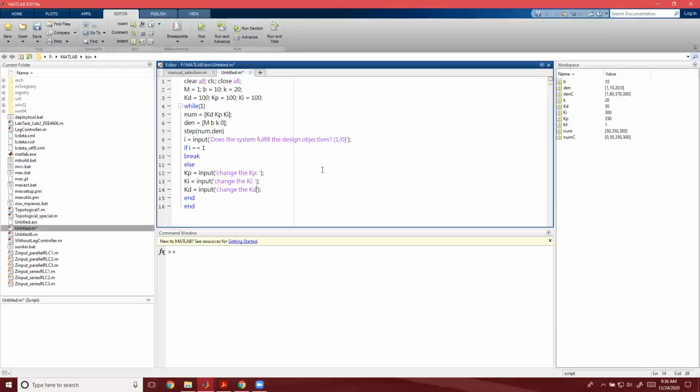We have to insert that line. So that's the line that was missing.